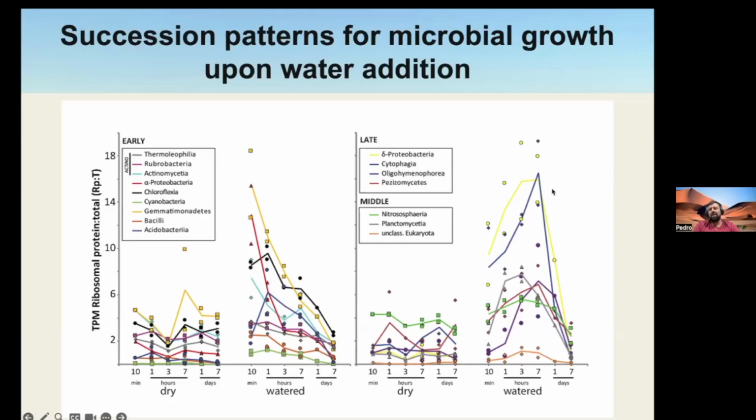And then if you look at the late responders, interestingly, at hour 7 you see a spike in the abundance of Cytophagia, which are bacteria rather than microeukaryotes, but also gamma proteobacteria. And gamma proteobacteria include the myxobacteria. For those who know their stuff about bacteria, myxobacteria are predatory bacteria.